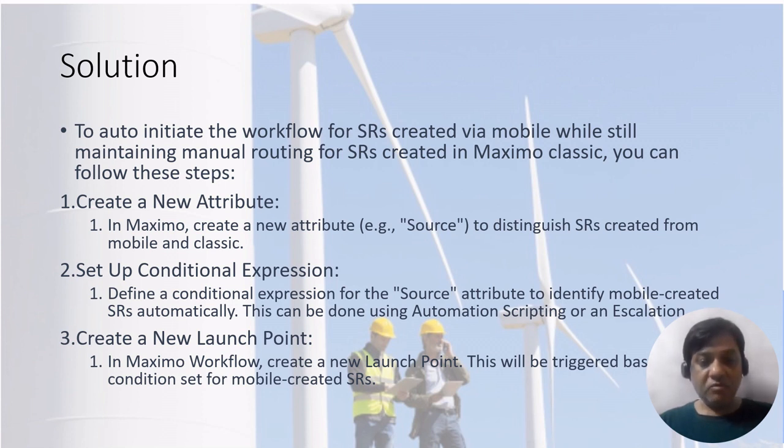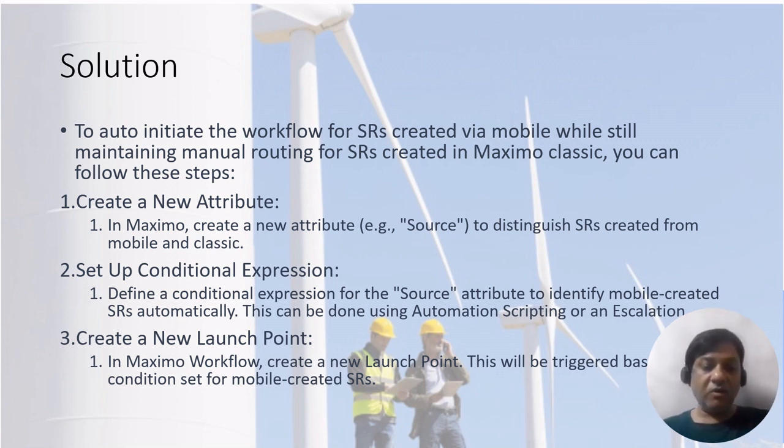Go in Maximo and create a new attribute, source, to distinguish between mobile and Classic. Then set up a conditional expression that will identify mobile created SRs automatically. This can be done using automation scripting or an escalation.